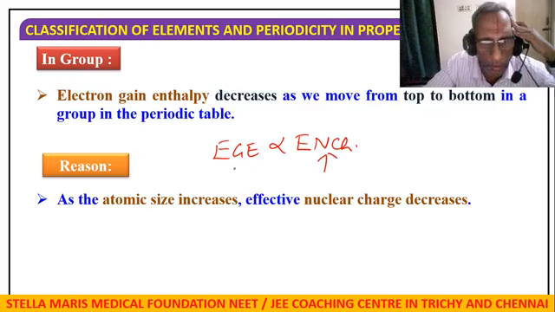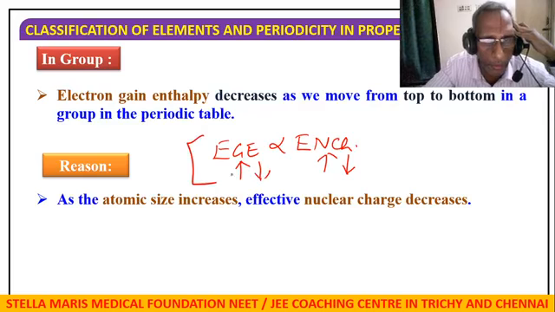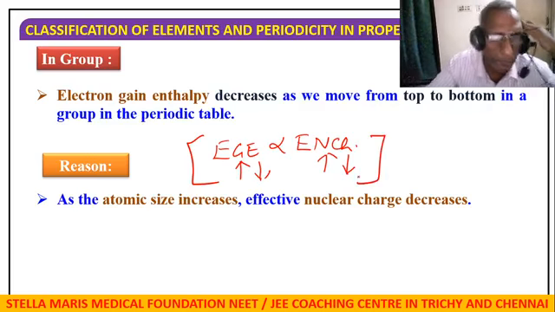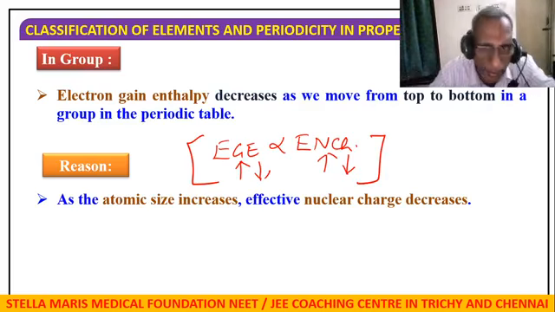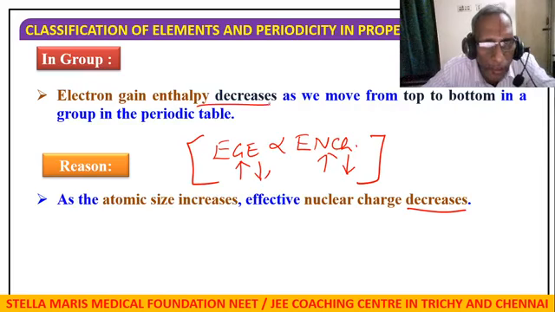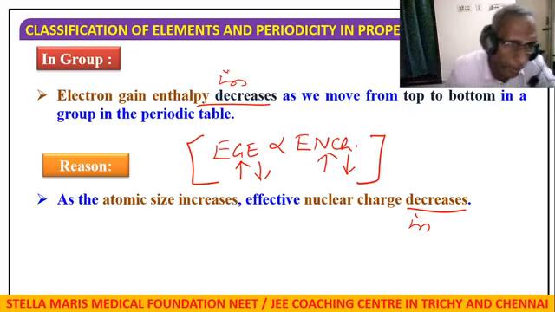If the effective nuclear charge increases, electron gain enthalpy increases. If the effective nuclear charge decreases, electron gain enthalpy also decreases. That is the reason.